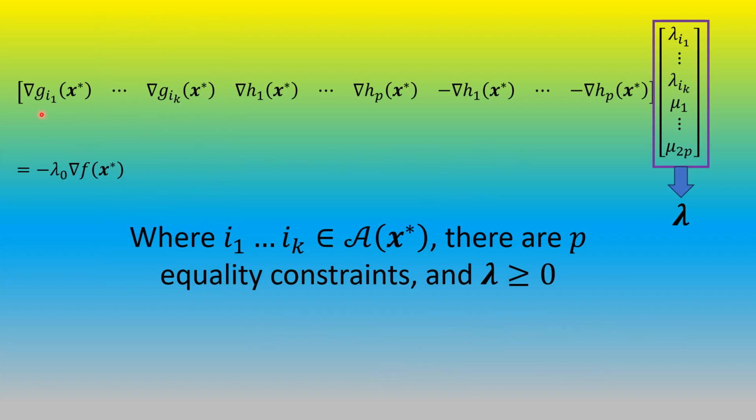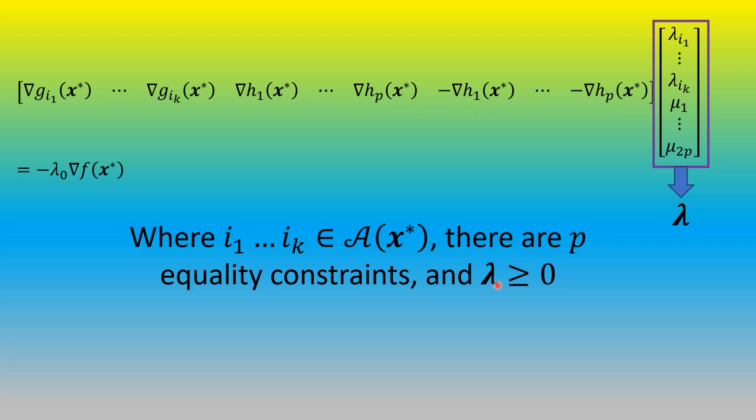So over here we have the matrix A. It's no longer A transpose, but A times the vector lambda of scalars greater than or equal to 0, where I1 to Ik are members of the active inequality constraints at x star. There are p equality constraints over here.